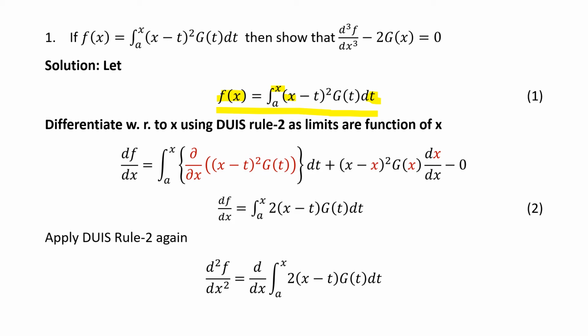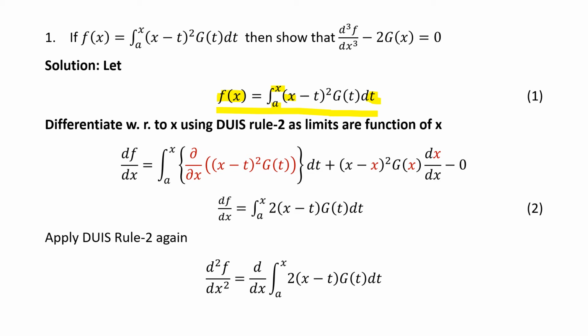So here we have this integral and we are integrating with respect to t, so t is our variable of integration. On the left hand side f is a function of x, so x is our parameter. A is our constant, x is the parameter, and t is the variable.